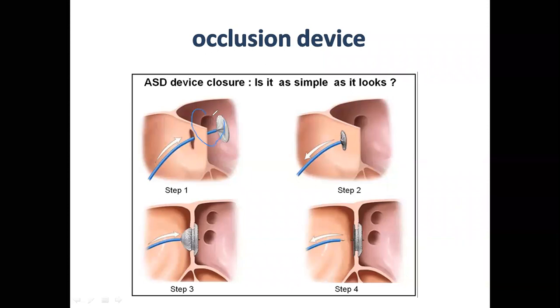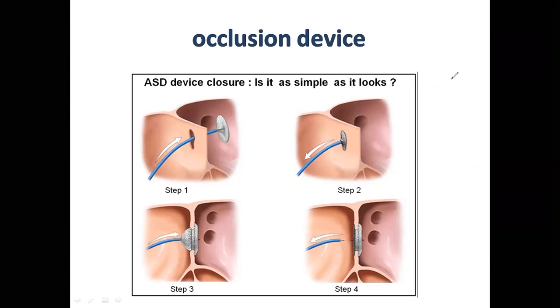After inflating, it will be fixed in position. After fixing in position, the catheter will be removed, and the device will act as a septal valve, preventing the blood mixing from left to right atrium.